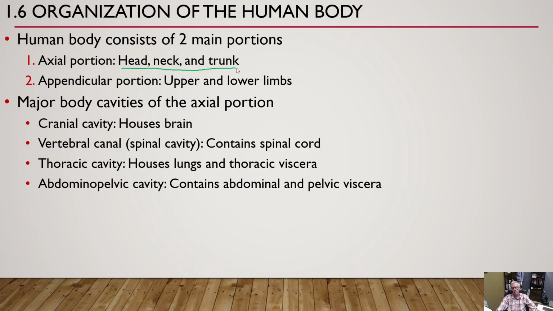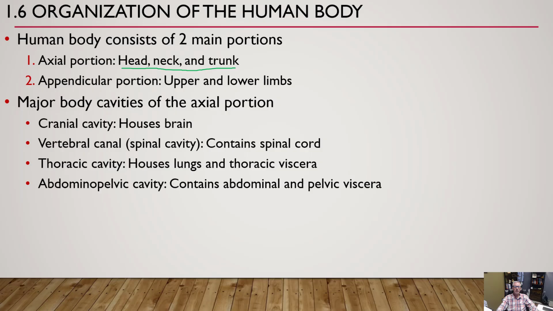Limbs just means arms and legs. Now, with that, your shoulder and your pelvis fall under your upper and lower limbs as well. So maybe what I should do is put that on there, which in another place I do.